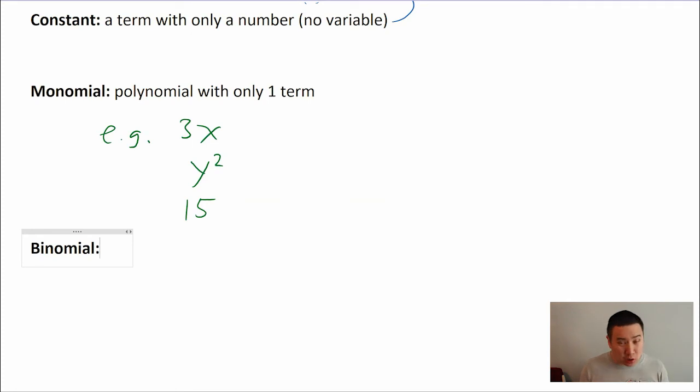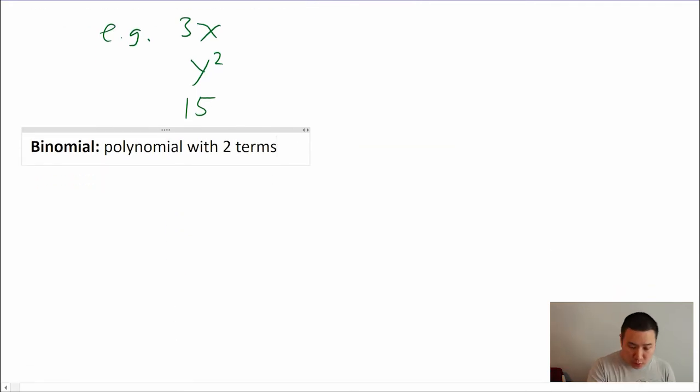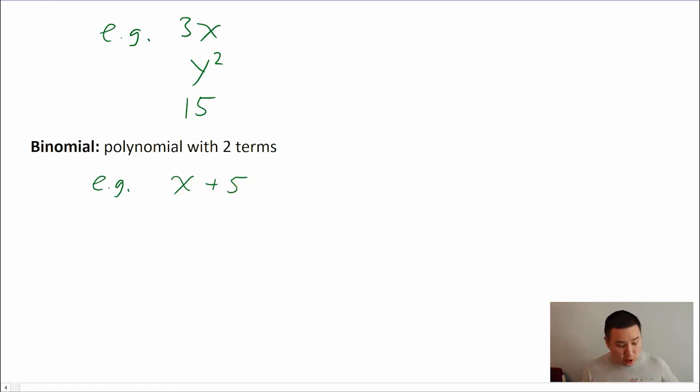Biannual, bicycle. Okay, it means two. So a binomial is a polynomial with two terms. So any polynomial that's made up of exactly two terms can be categorized as a binomial. So something like x plus 5. That's a binomial.